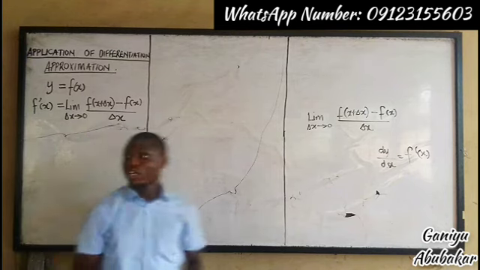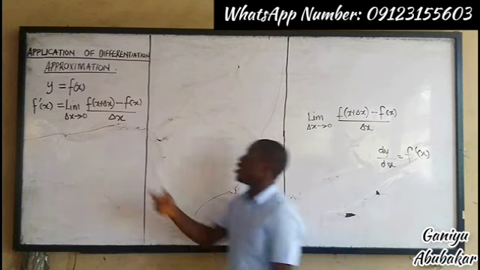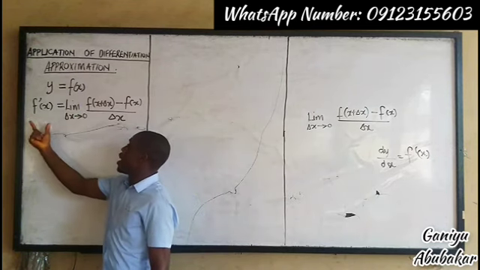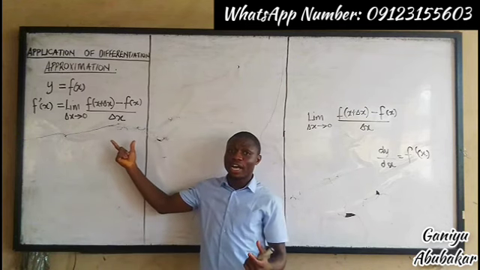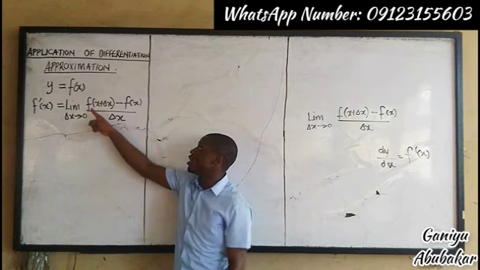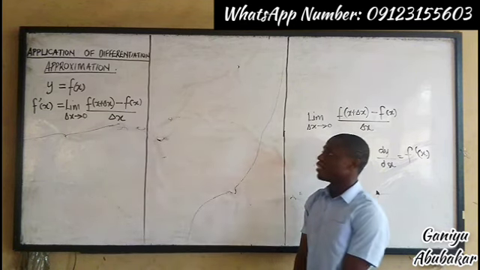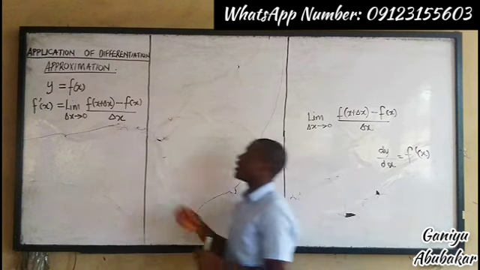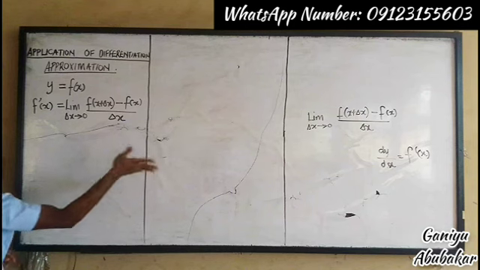So I'm applying two concepts. The first concept was, when I differentiate this, I'll have f prime of x. Next, we come from the first principle formula that says the limit as change in x tends to 0 is f of x plus change in x minus f of x over change in x. Now listen, since we're dealing with approximation, I will change this equality sign to an approximation sign.